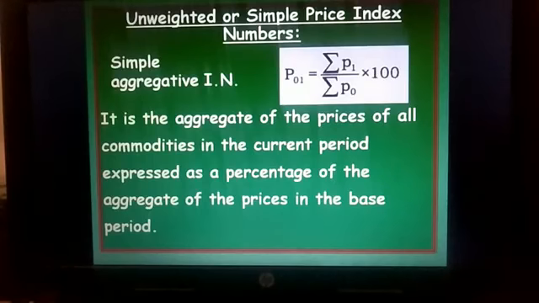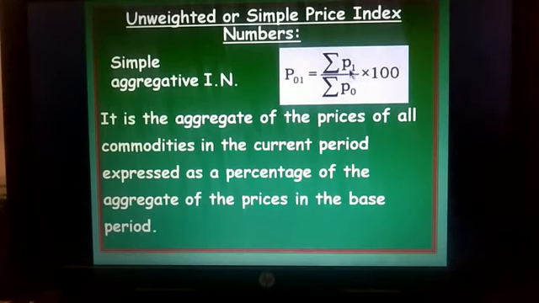All those are the different items which are being considered. Sum of all those items, the price whatever is applicable, sum of all those prices of different items in the current year, that itself is sum of P1.